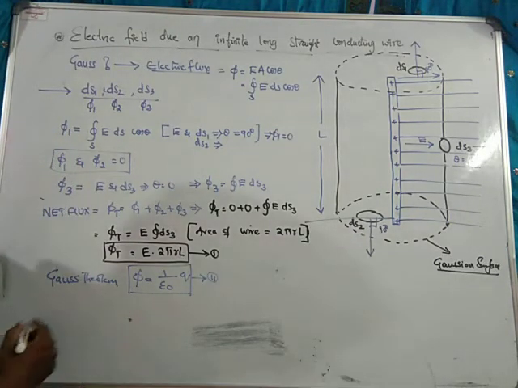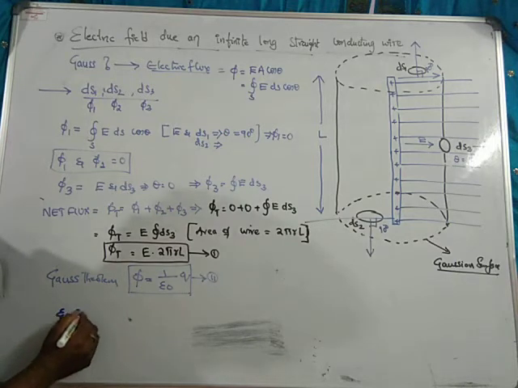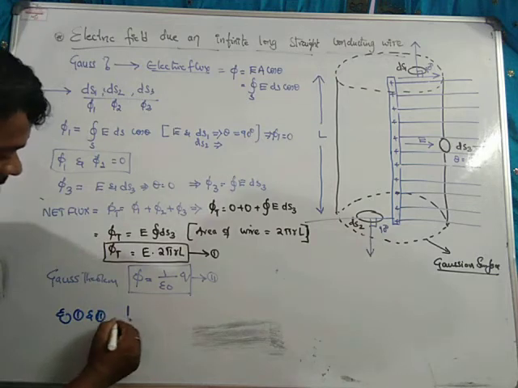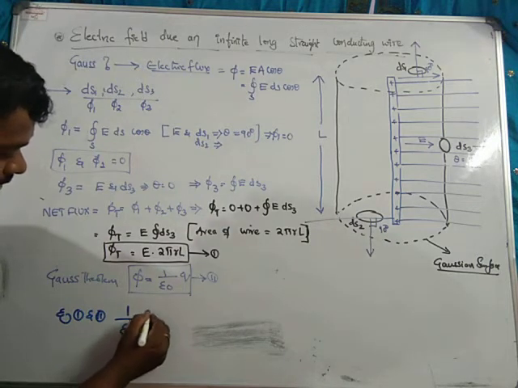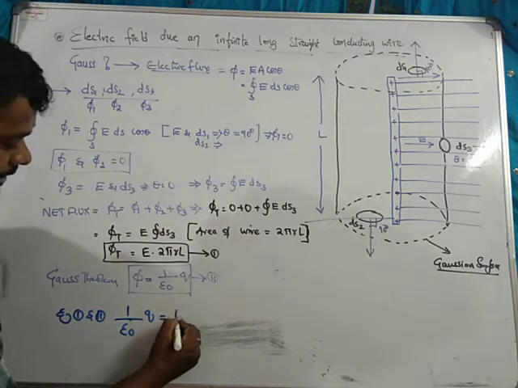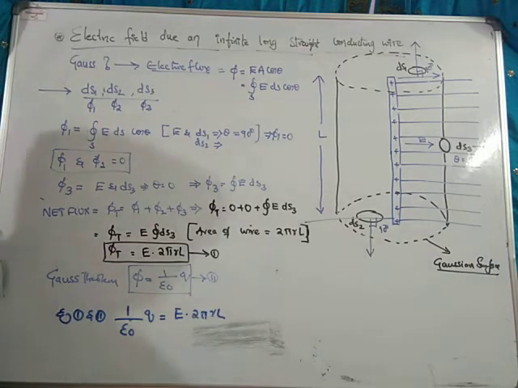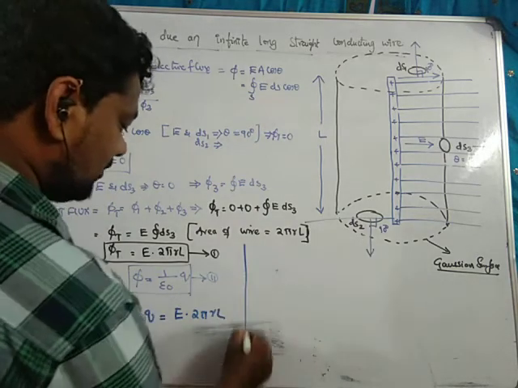So equating expressions 1 and 2, we get 1 by epsilon naught q is equal to E into 2πrL. Equating, we get the value of E here.